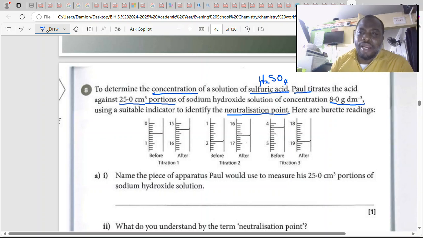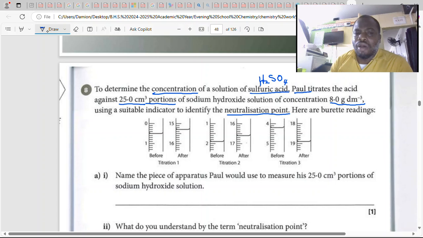And it says here are the burette readings. So let's talk a little bit. For titration, we would use a pipette, and in this case, a pipette that measures 25 centimeter cubes, and we will pipette that 25 into a conical flask.